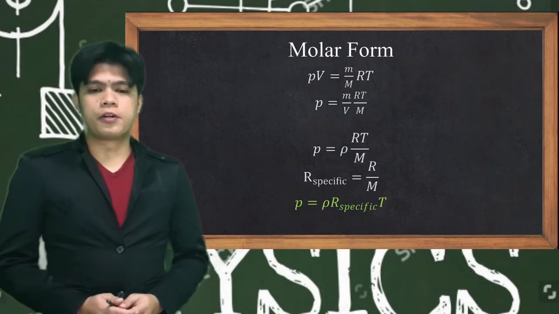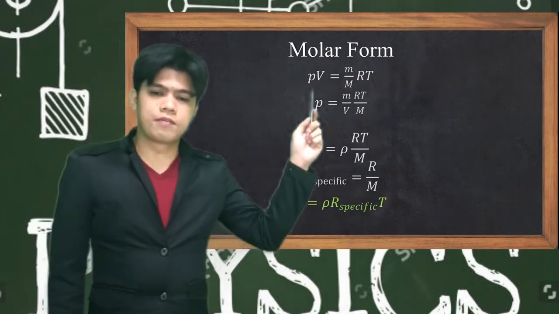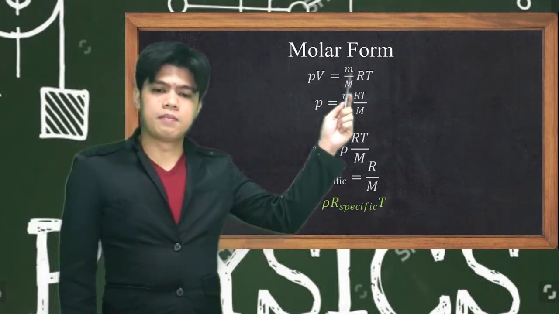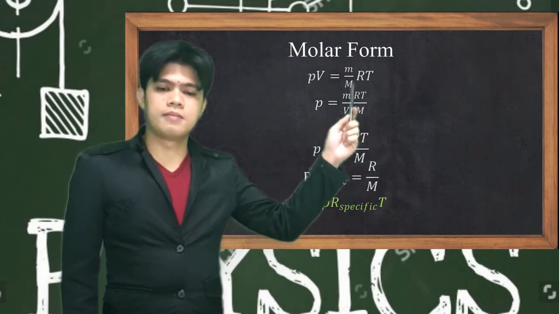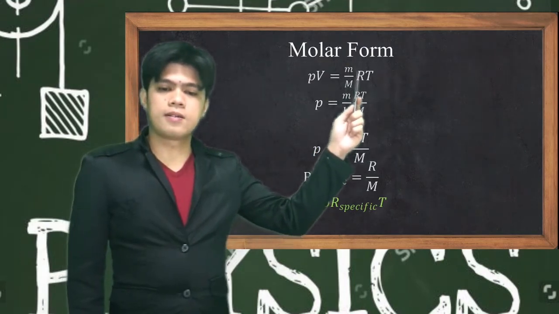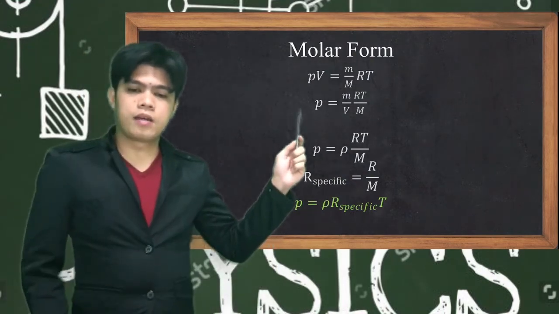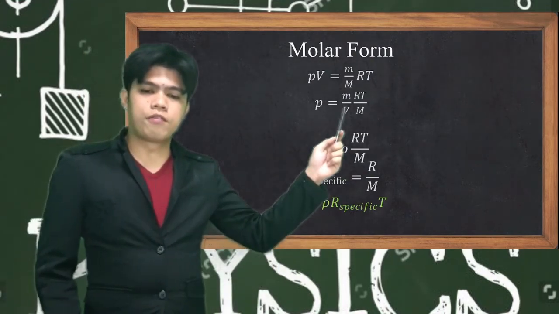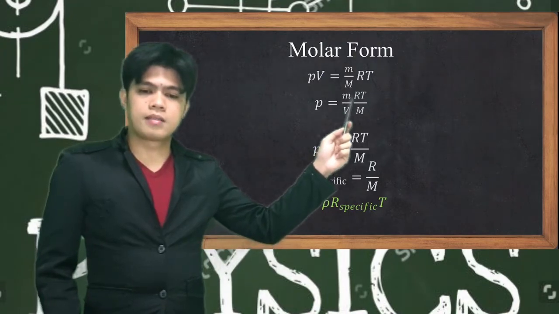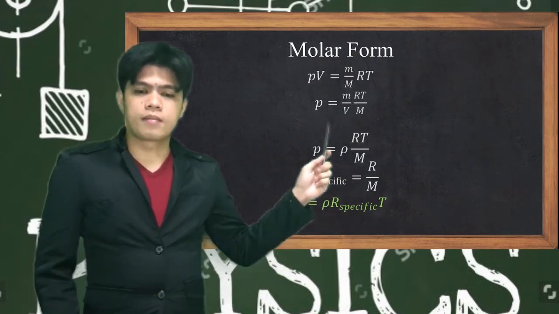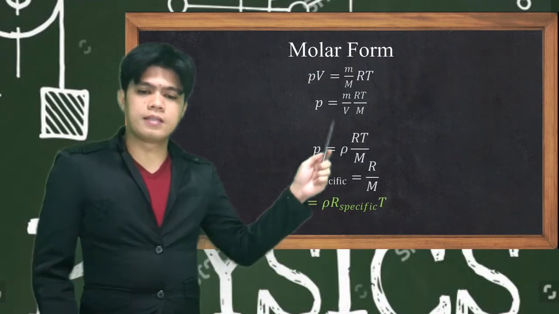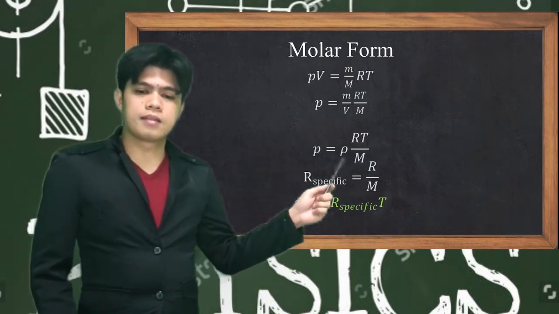Now, in molar form, we have pressure times volume is equal to the mass over the molecular weight times our gas constant times temperature. So rearranging our equation, pressure is equal to m over V times RT over m. So m over V is equal to our density.